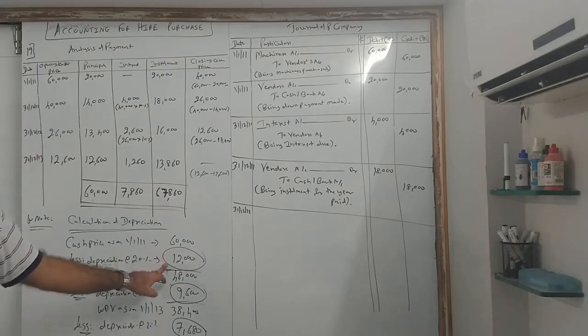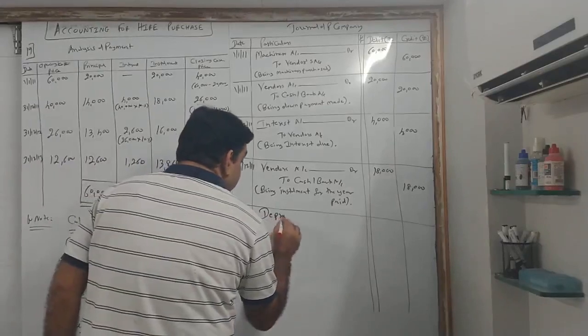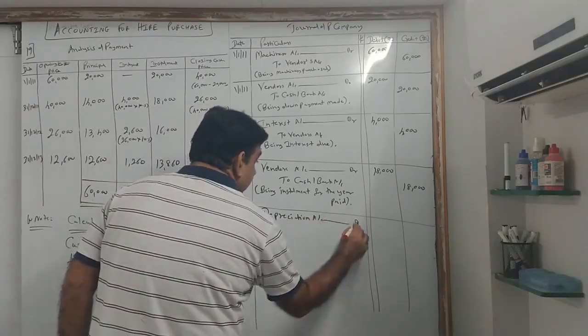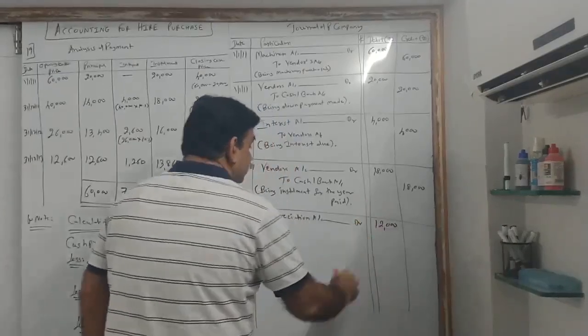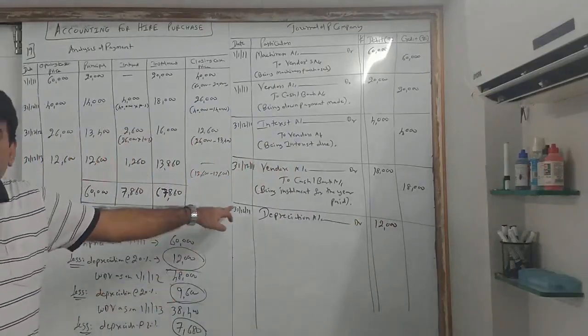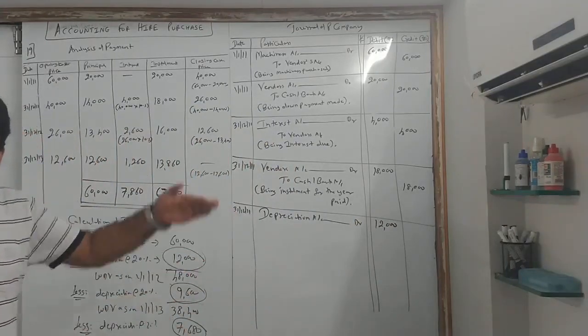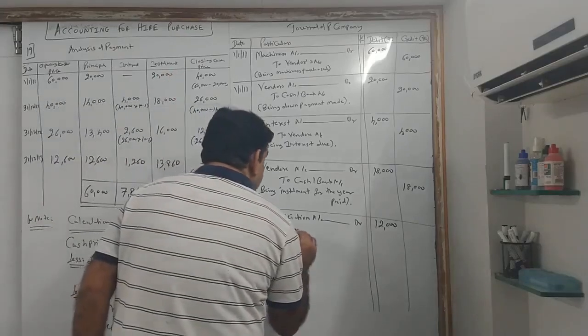So depreciation, for me, is an expense. I am the buyer, I am using the asset. For me, it is an expense. So I debit depreciation, that is 12,000, the first year's debit because I am in my first year. And what are you depreciating? Machinery. Machinery's value reduces, so I credit machinery.